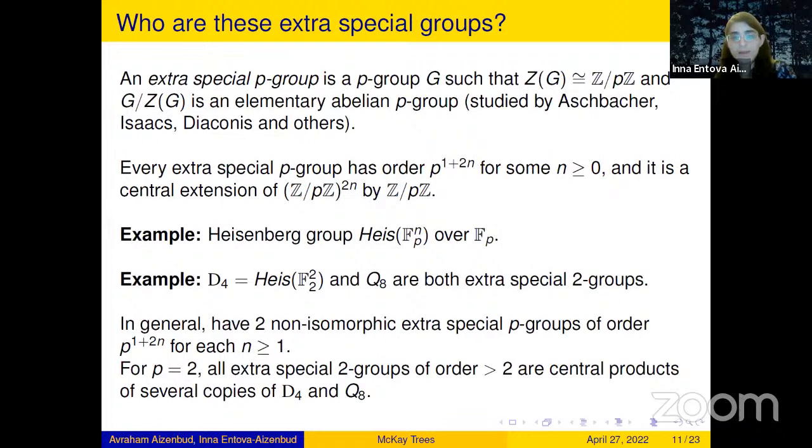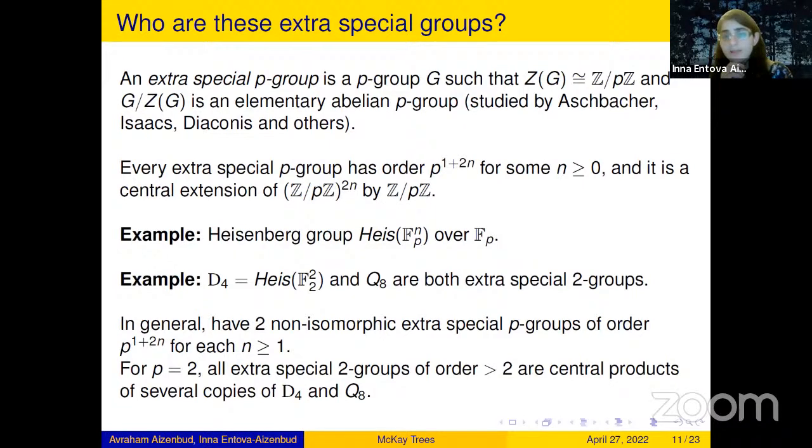For n equals 1, we get something a bit bigger. One of the 2 groups which we get is exactly the Heisenberg group for p. So this is the Heisenberg group over Fp.